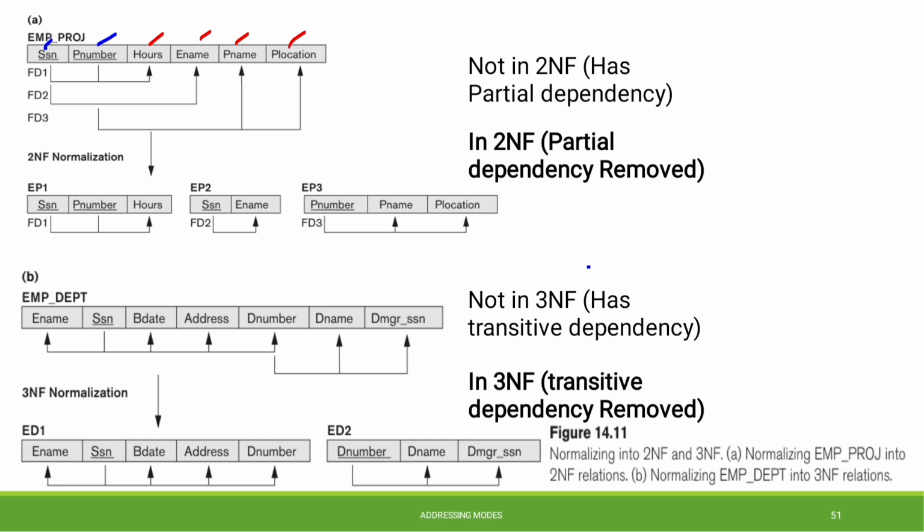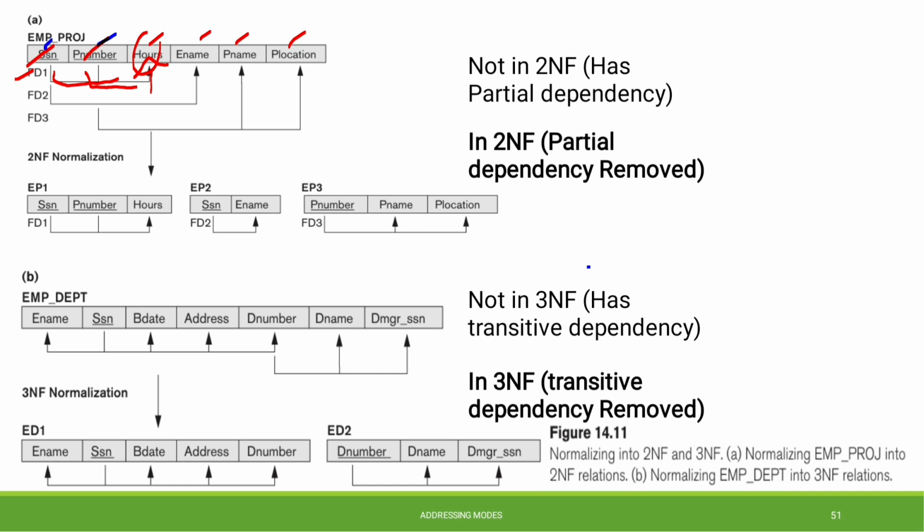If non-prime attributes are fully functionally dependent on prime attributes, then only we can say that there is no partial dependency. If you observe functional dependency 1, SSN and P number together decide the value of hours. Meaning the non-prime attribute hours is fully functionally dependent on both prime attributes, that is SSN and P number.